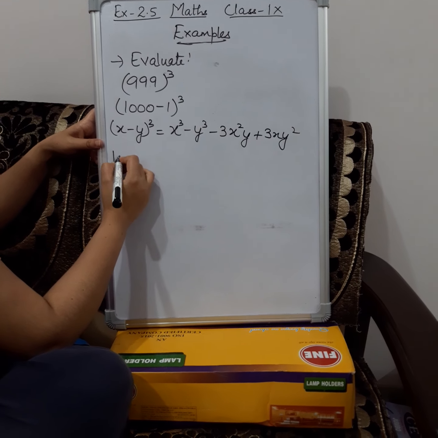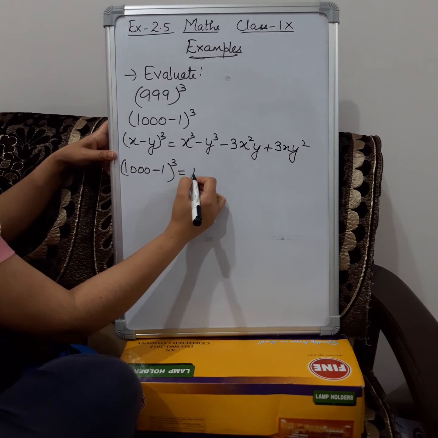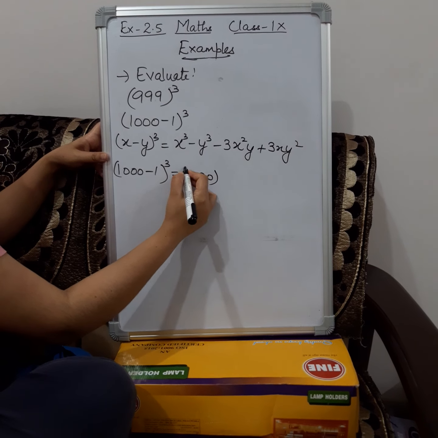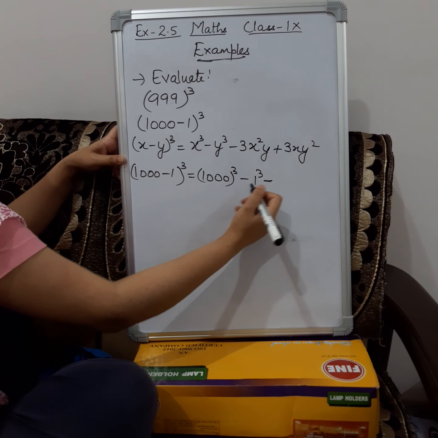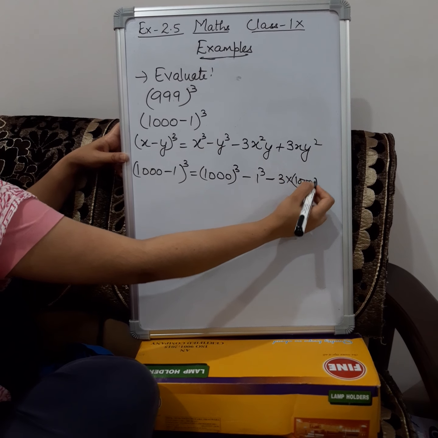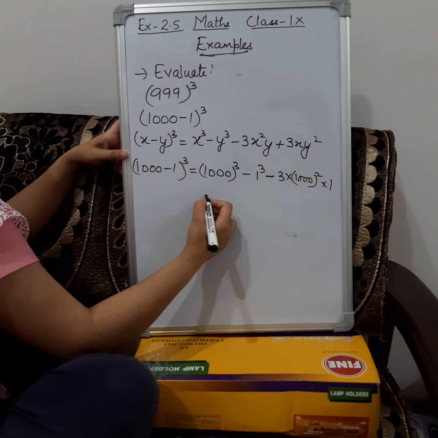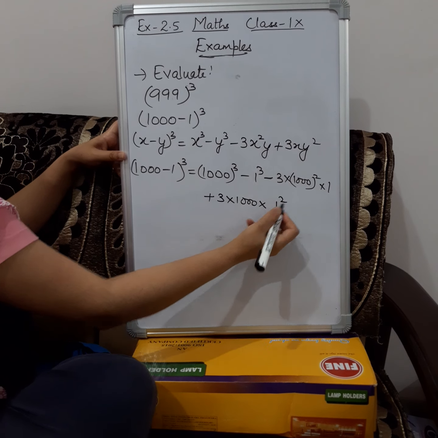So (1000 minus 1) whole cube will be equal to 1000 cube minus 1 cube minus 3 into 1000 square into 1 plus 3 into 1000 into 1 square.